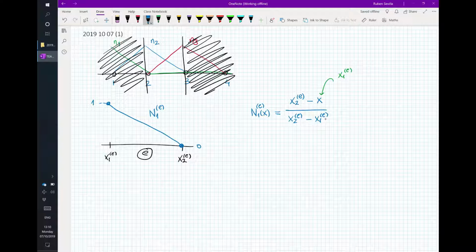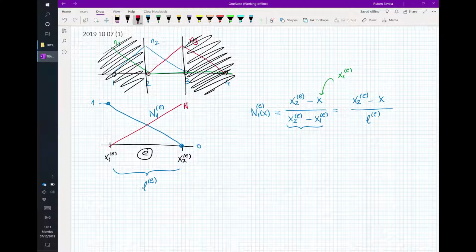Perfect. This one, x2 minus x1, is what? Is the length of the element. We are going to call it L. And the shape function will simply be x2 minus x divided by the length. And once you know how to do one, the other one is quite simple.